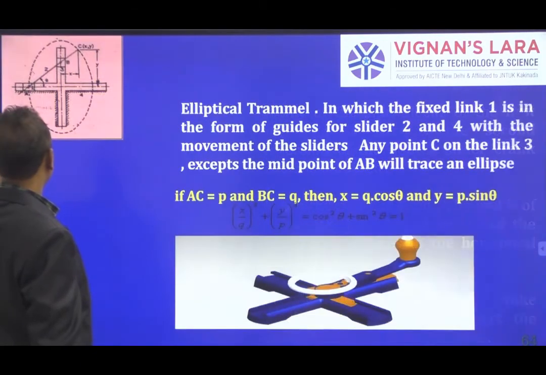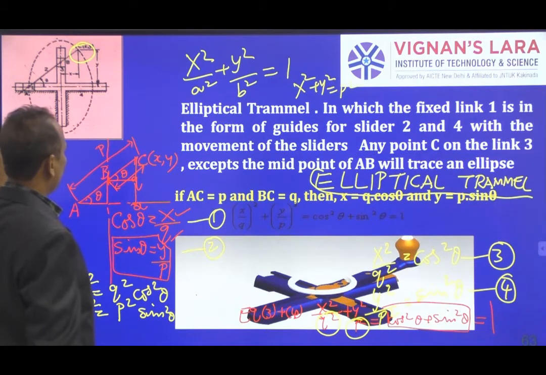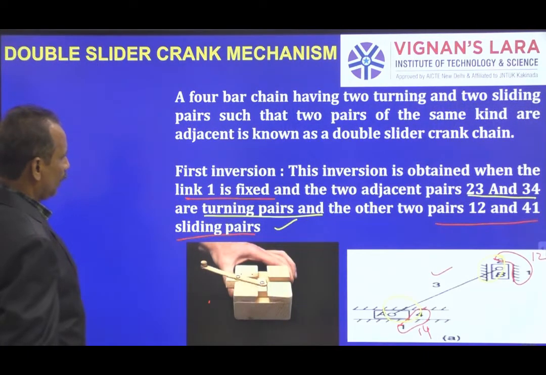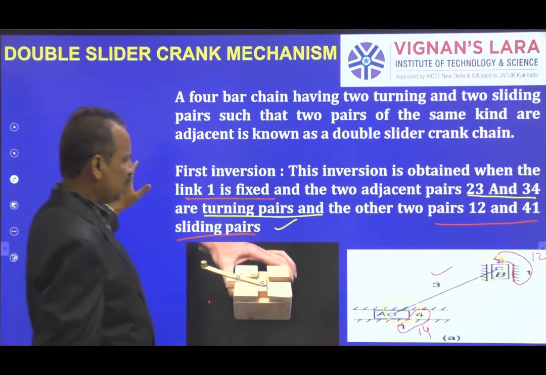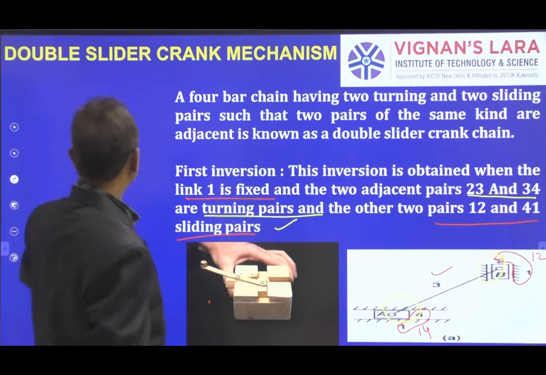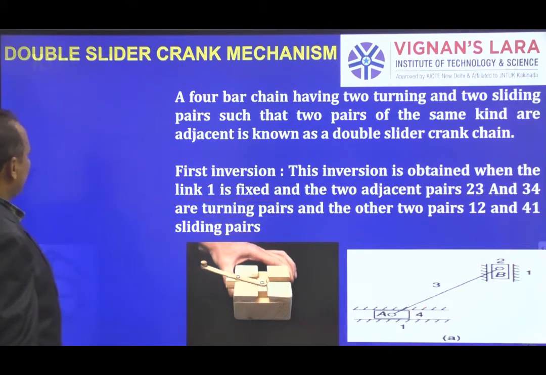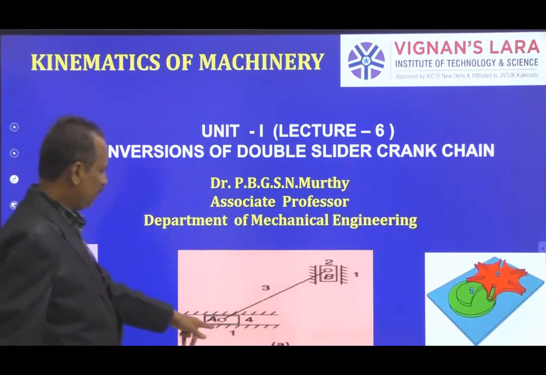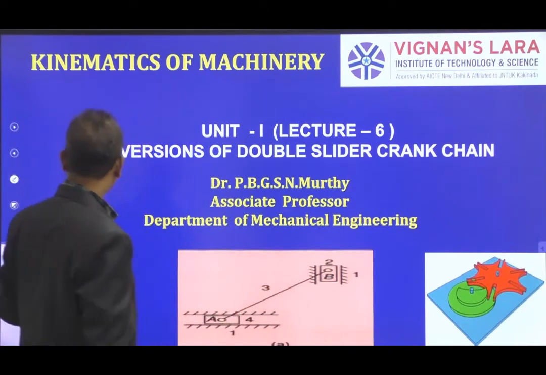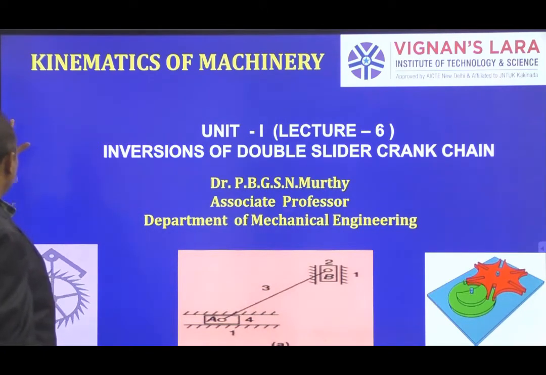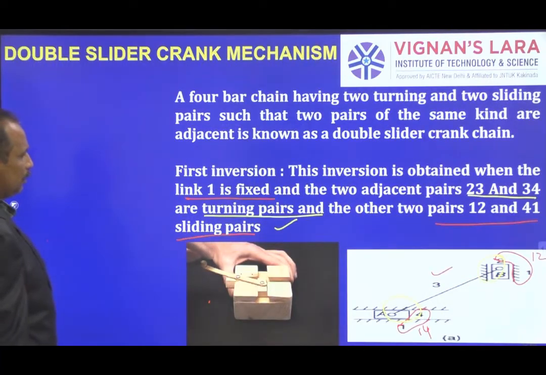The first inversion, by fixing the link number 1, is the elliptical trammel. So by fixing the link 1, the basic mechanism results in an elliptical trammel.